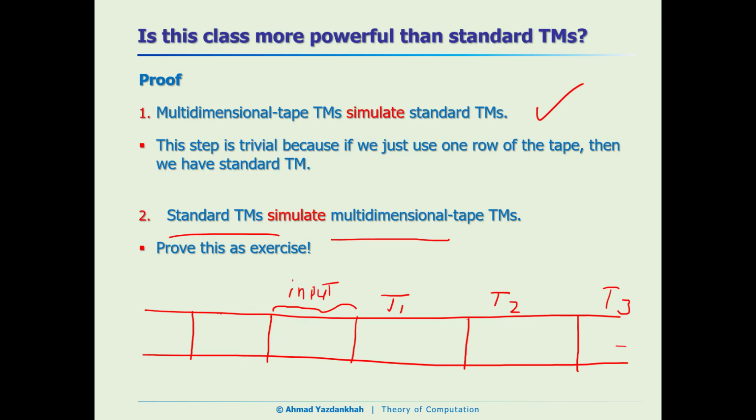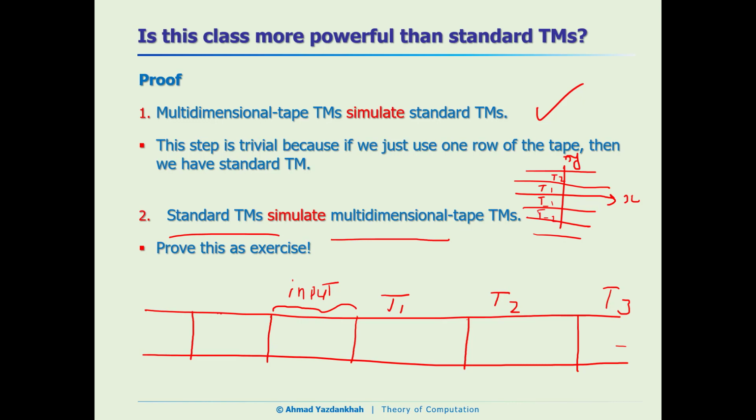Probably this way the negative part. So if this was the X and Y, and these are the tapes, this is tape 1, tape 2, and this is tape minus 1, tape minus 2, and so forth.